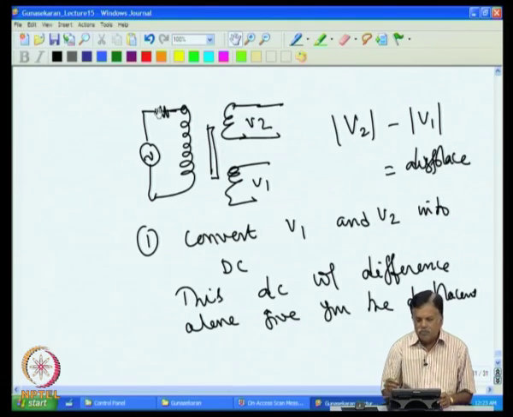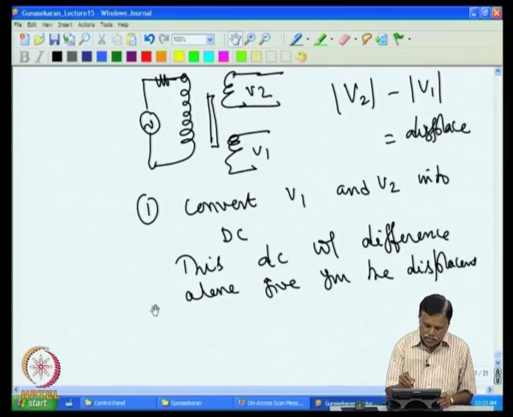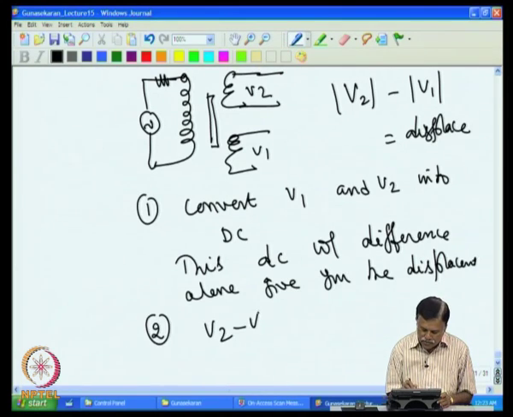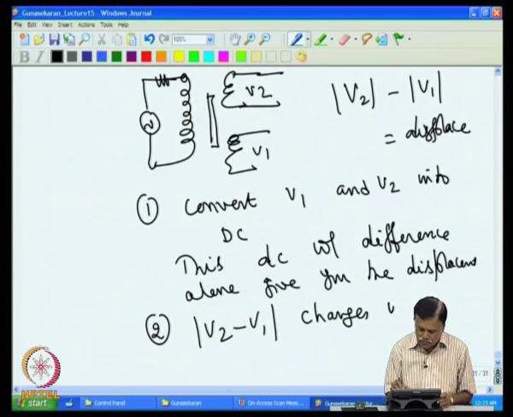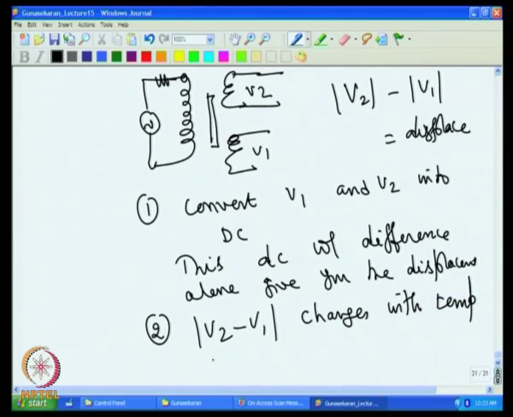So, this is the second major problem that one has to solve: V2 minus V1 changes with temperature also.